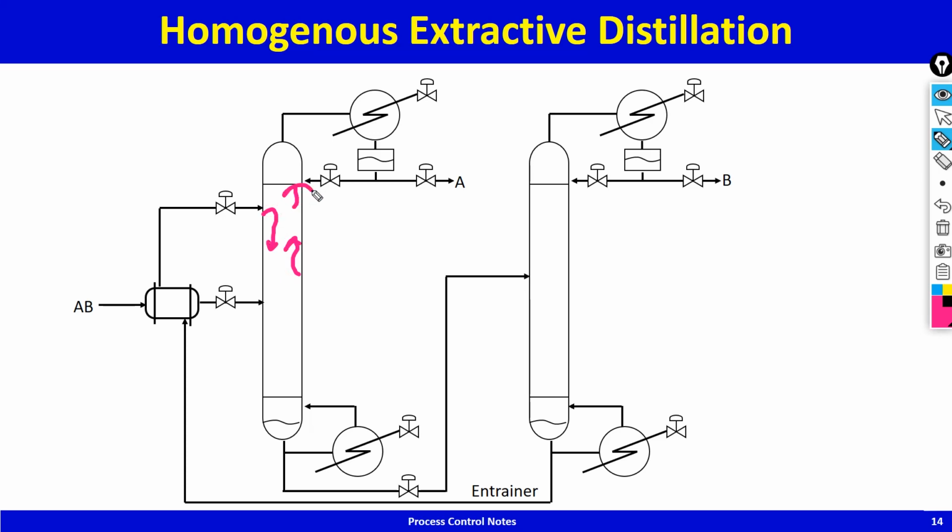The vapor leaving the top tray, because there's entrainer on all the trays, and it keeps soaking in the B, is essentially B free.